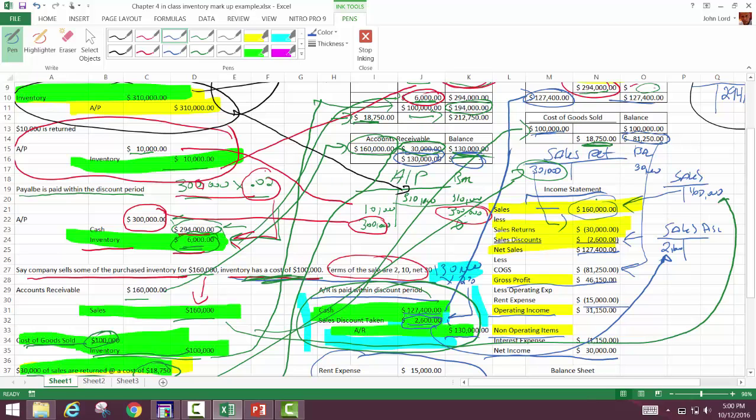There's a 30,000 sales return less the $2,600 discount, which means my net sales are 127,400. Gross sales, the 160 originally that I sold, minus the 30 return, minus the cash discount, gives me 127,400, something called net sales.